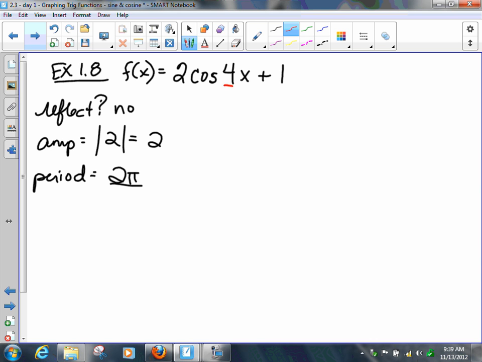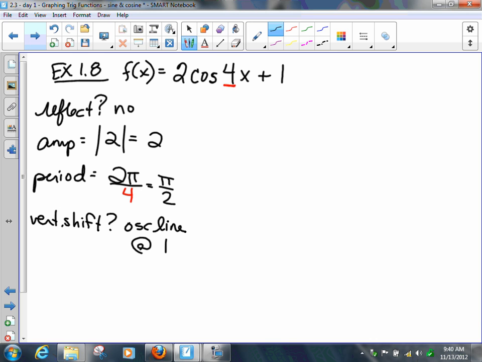The number directly in front of the variable x. 2 pi over 4 is pi over 2. Does this have a vertical shift? So that means that my oscillation line is at 1. Yes? Okay. So here we go.